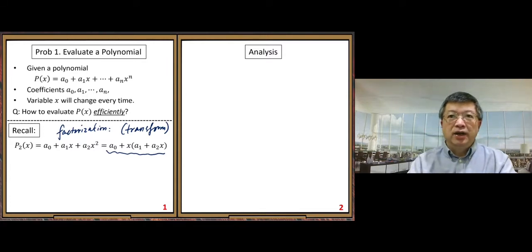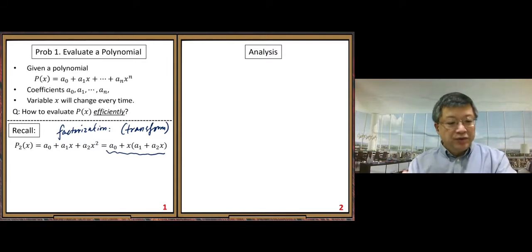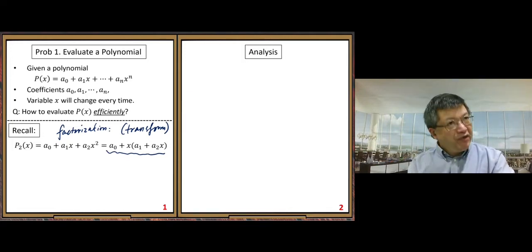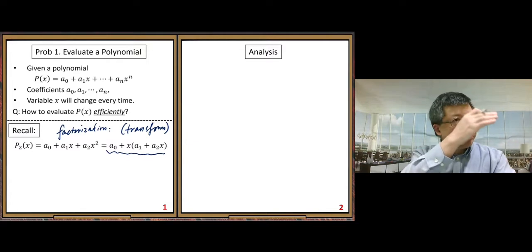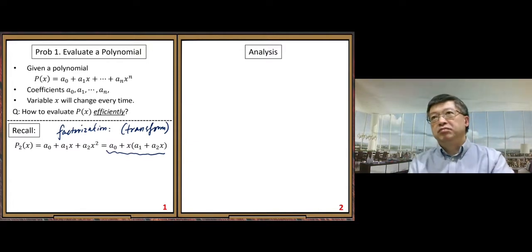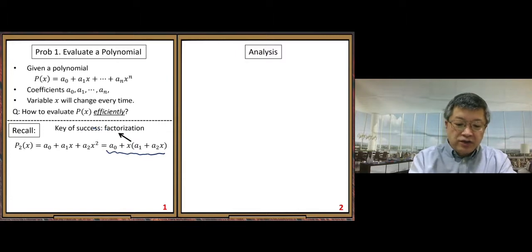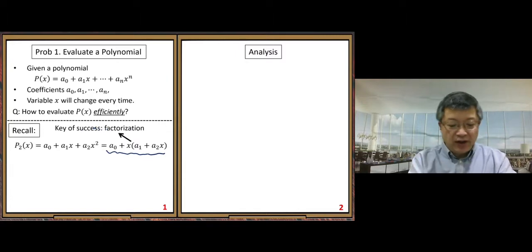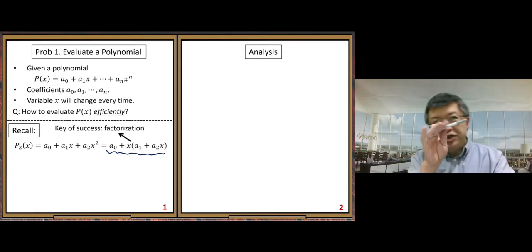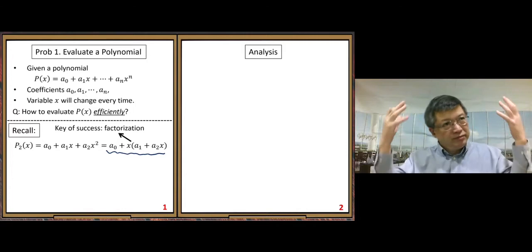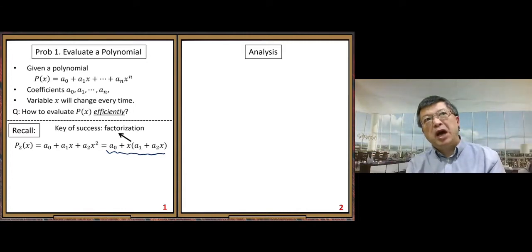All right. So now we want to generalize this simple, effective idea to the general polynomial case. Here you can see the key of success is factorization. From this work, we summarize why we get this nice result.